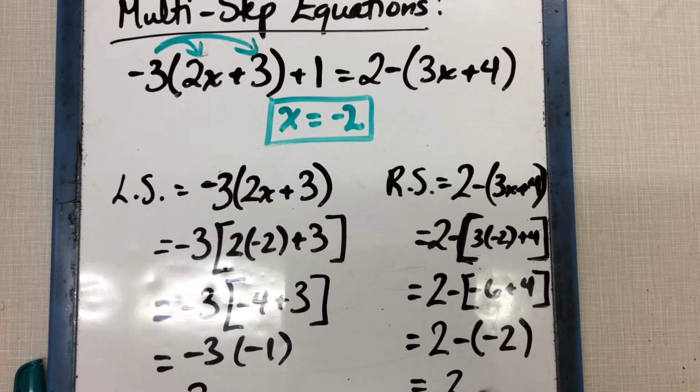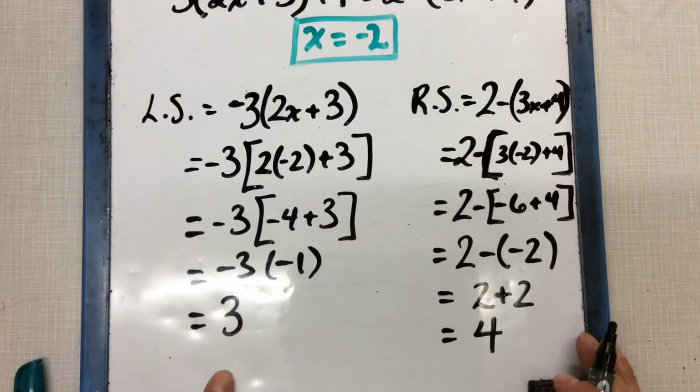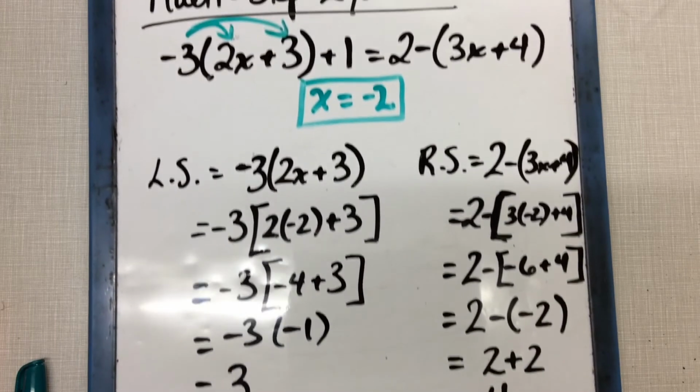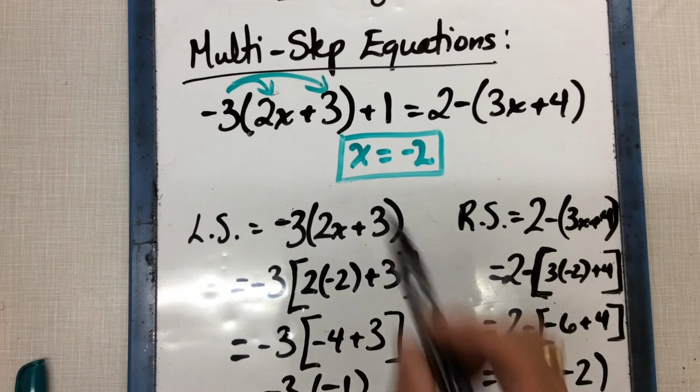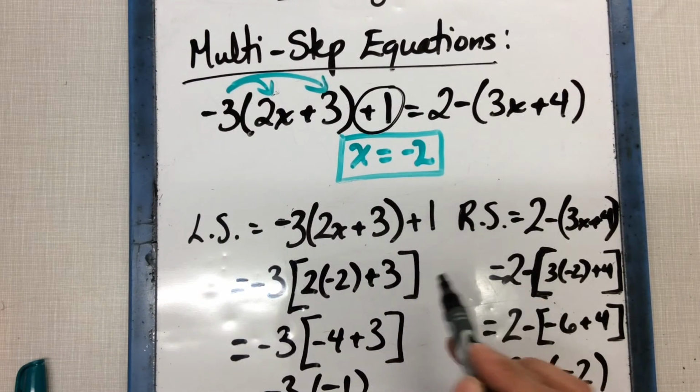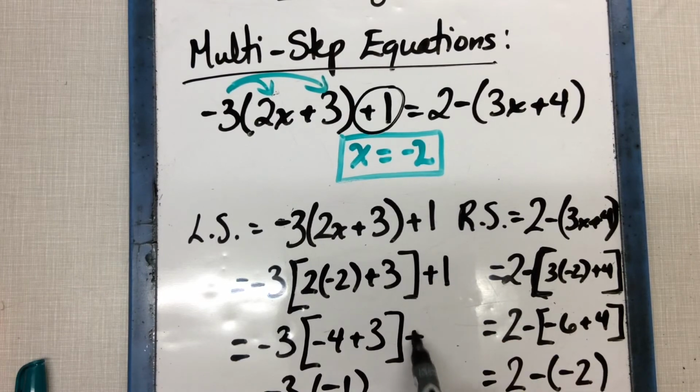And that gives us 2 plus 2 is equal to 4. There's a problem here. These are not the same. And then I realize there's something I didn't do. Remember when I said write the original equation? I forgot to add this one. So let's add it here, and then here, and then here, and then here.